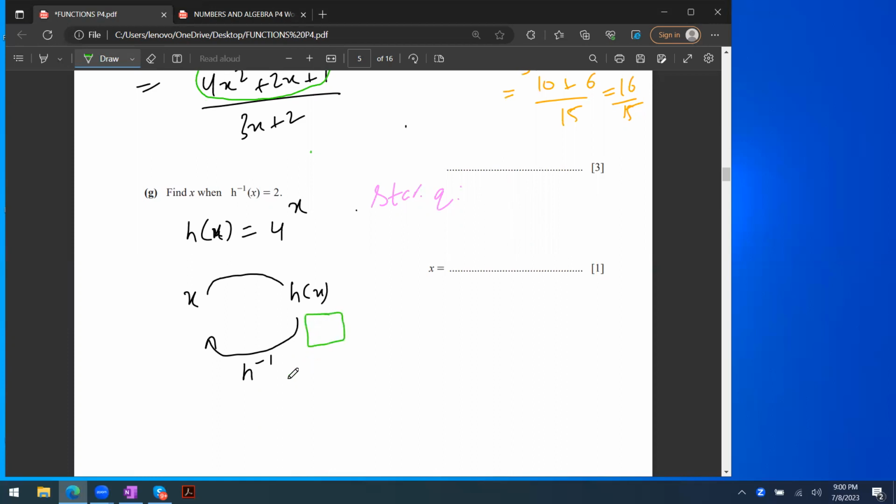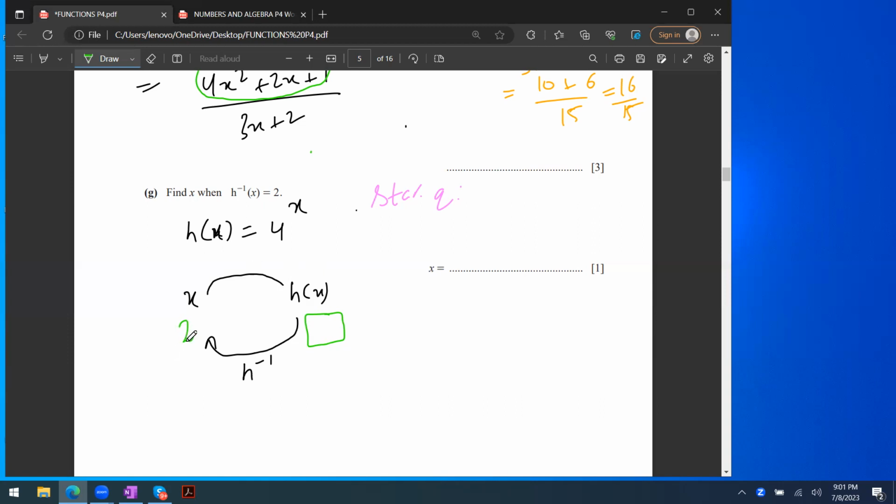We don't know that number, but when we took the inverse, it returned 2. The question is given, the answer is missing on the right side. Can you think a little bit about this first?